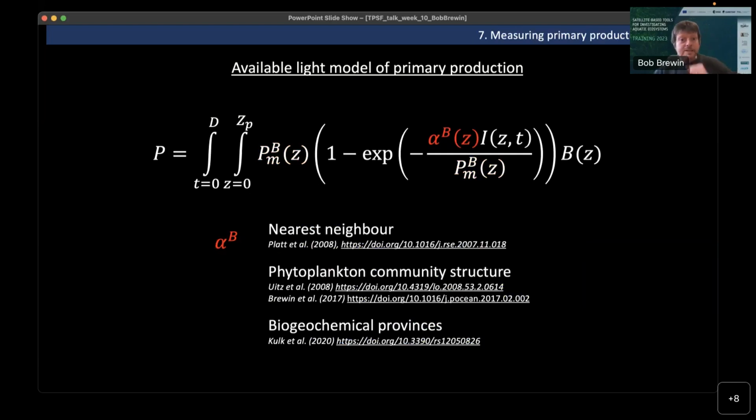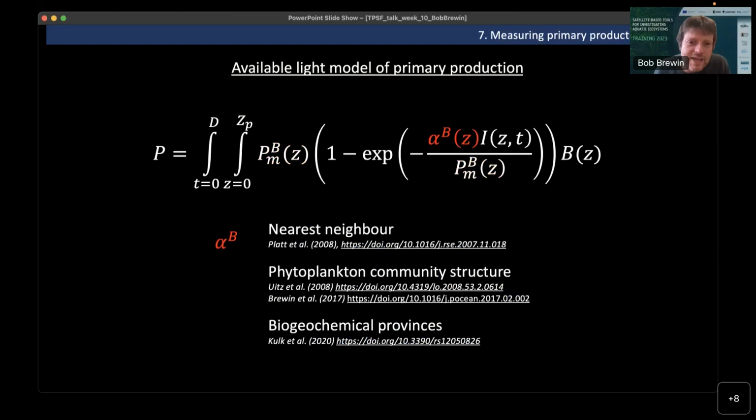Similar to PB max, alpha B is another parameter of this satellite photosynthesis primary production equation that's a little bit tricky to get at, though there is some nice recent work showing how well estimates of light can help.